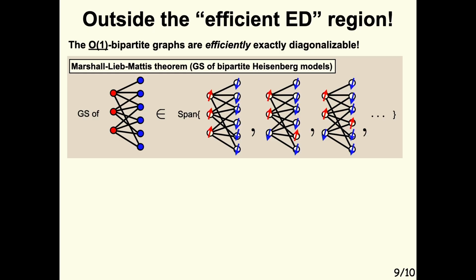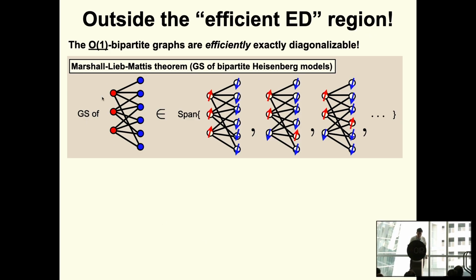And okay, I guess I'm running out of time, but I'd like to mention that we were able to prove fast mixing for the case where we have log n vertices on one side. But if this goes even smaller, and we only have order 1 vertices on one side, then we actually already knew that there is a polynomial time algorithm for calculating the ground state, because there's this Marshall-Lieb-Mattis theorem that tells you that the ground state is in the span of z-basis states that look like this.